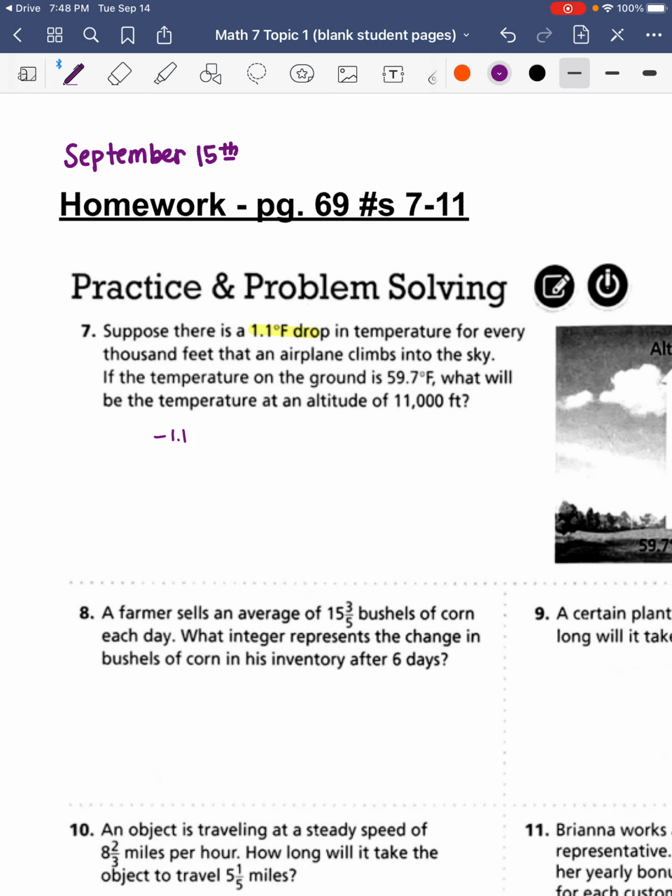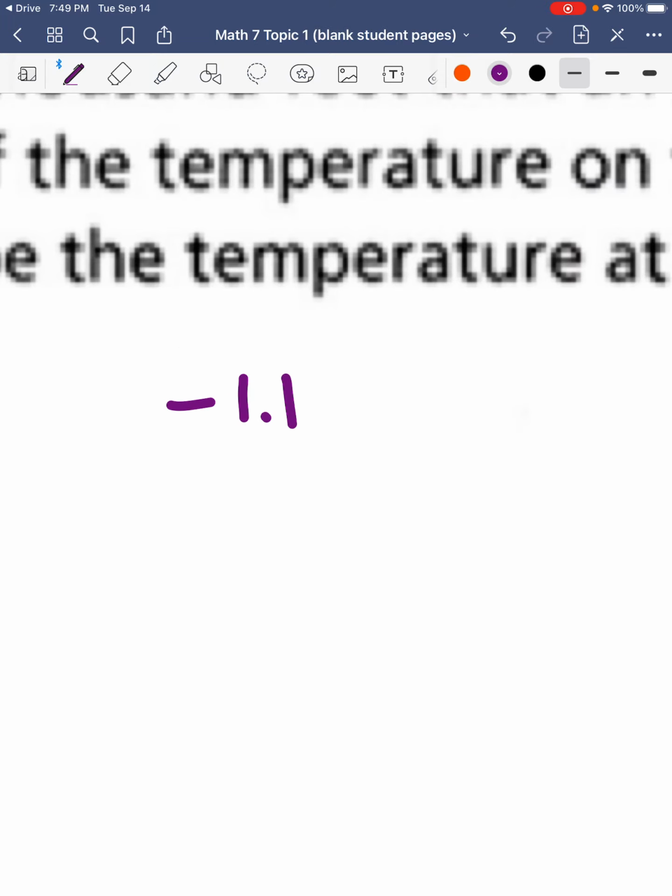Okay, now that drop happens for every 1,000 feet that the airplane climbs. So if the altitude of the plane is 11,000 feet, it's climbed 1,000 feet 11 times. So I'm going to multiply negative 1.1 times 11. When I do that, 1 times 1 is 1, 1 times 1 is 1, place a 0, 1 times 1 is 1, 1 times 1 is 1.